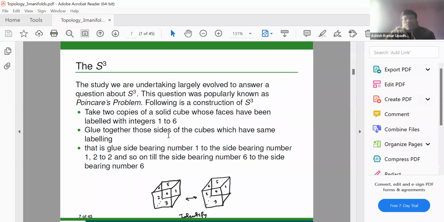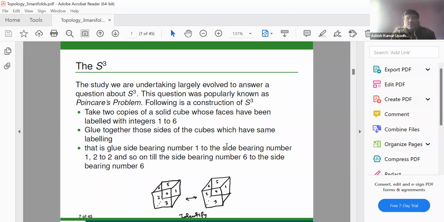Glue together those sides of the cubes which have the same labeling. So you take two identical pieces of this labeled cube, glue 1 to 1, 2 to 2, 3 to 3, and so on, and in the end glue 6 to the side bearing number 6. This will be the 3-sphere.